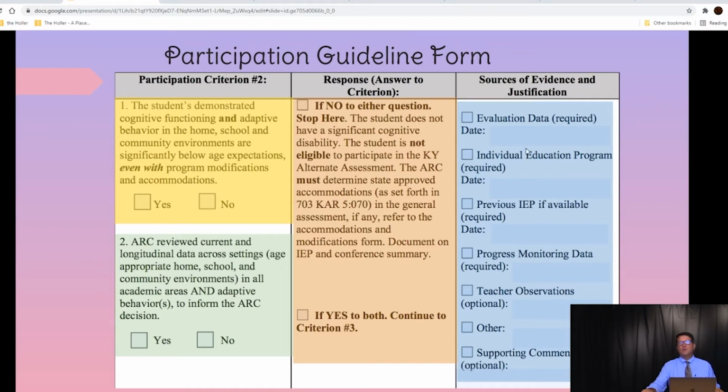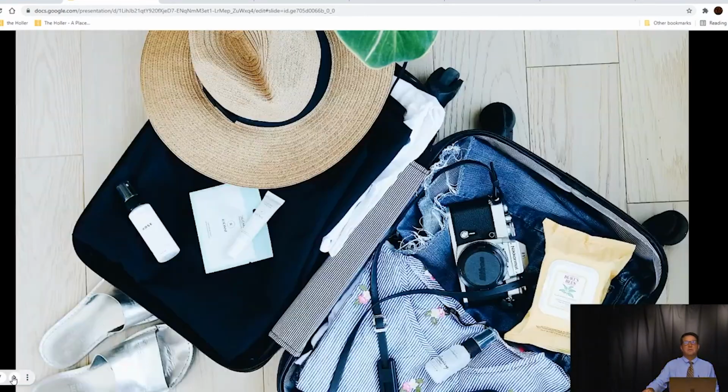So you've got to have those required pieces of data. You've got to have some progress monitoring data, and make sure that the IEP is current, that you've got evaluation data that supports your decisions. And again, we're considering these things for this student. We're providing the evidence, and then we're documenting the decisions that we've made based on these pieces of evidence.